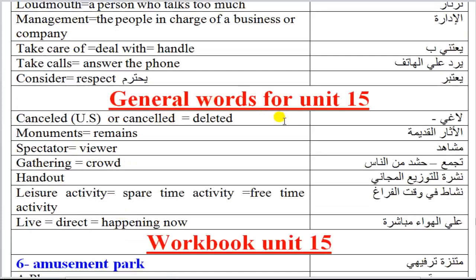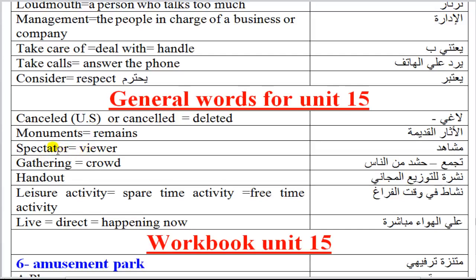General words for Unit 15. Cancelled, deleted. Double L, this is British, the verb British. One L, American. Monuments, remains. Spectator, British and American, viewer.